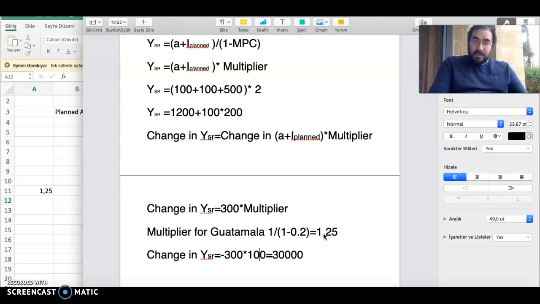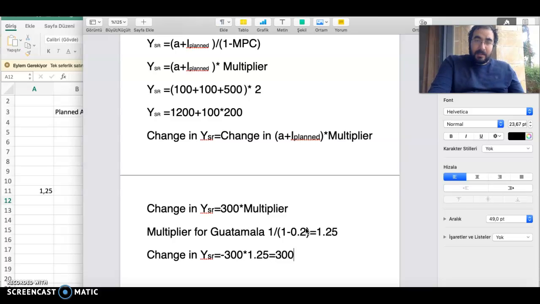So our change in the short-run equilibrium output will be... I'm sorry, basically, by the way, this was 10, and in the previous case this was 3,000, not 30,000. 300 times 10 is 3,000. So that was the last case when this was 0.9 and this was 10. So now this becomes 0.2. So this becomes 1.25. So this will also become 1.25.